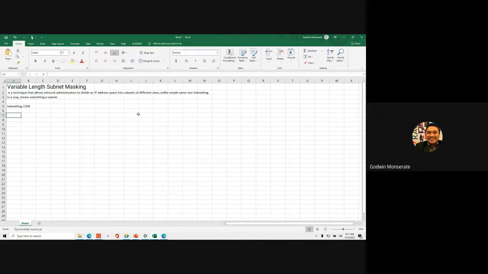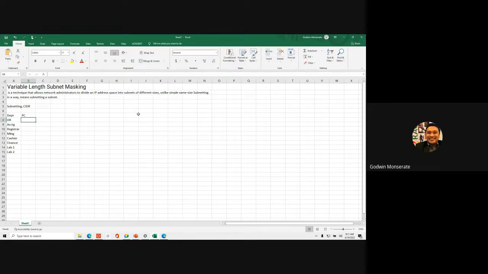Let's say, for example, I have departments: HR, accounting, registrar, marketing, cashier, finance, lab 1, lab number 2. These are our departments, and these are the number of PCs in each particular department.